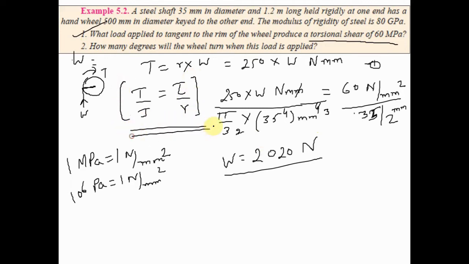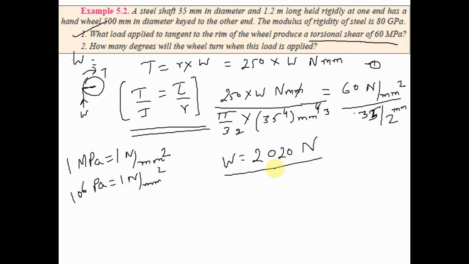We substituted the value of torque equal to 250 multiplied by W, the tangential load that we assumed, and J equal to pi by 32 times d to the power 4, where the diameter is of the shaft. The shear stress was given in the question, 60 megapascal. I already told you 1 megapascal is equal to Newton per millimeter square, so we can directly substitute, and the radius will be equal to 35 by 2. If you solve for W, you will get 2020 newtons.